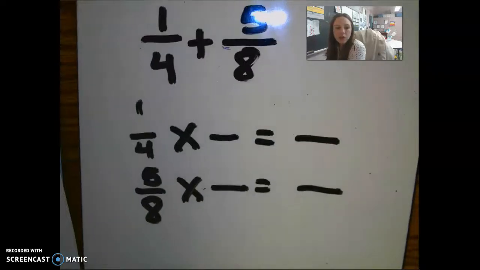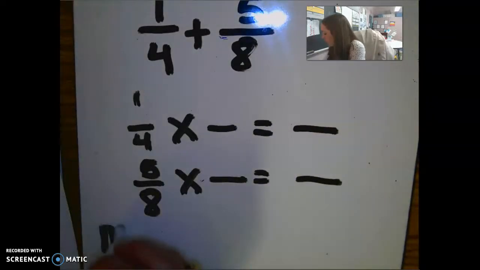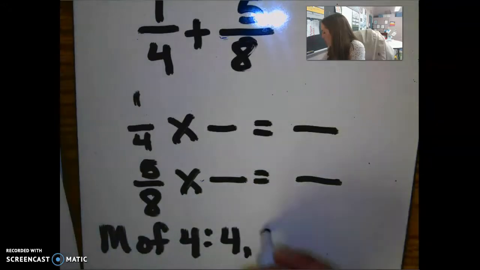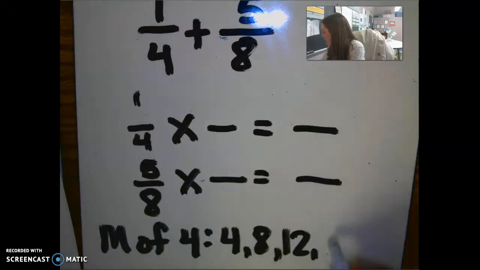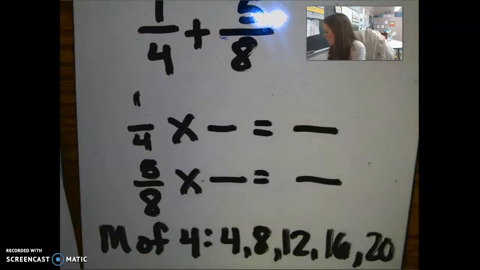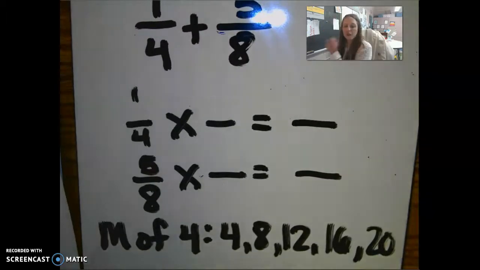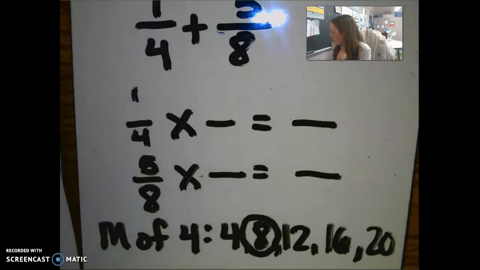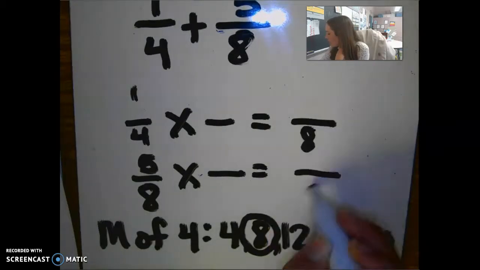So first we need to list our multiples of 4. 4, 8, 12, 16, 20. Well, look, I already have the denominator of our other fraction listed. So I could list out my multiples of 8, but I already know what our least common multiple is going to be. It's going to be 8, okay? So that's going to be my denominator.